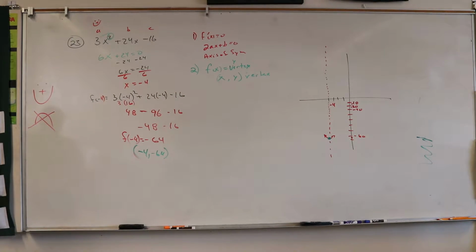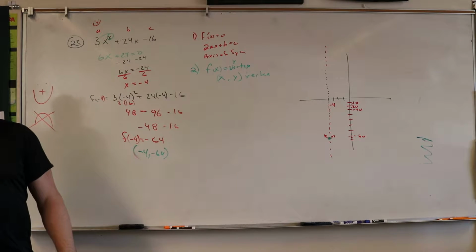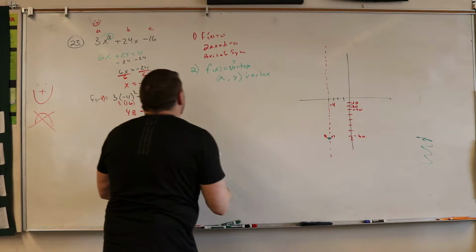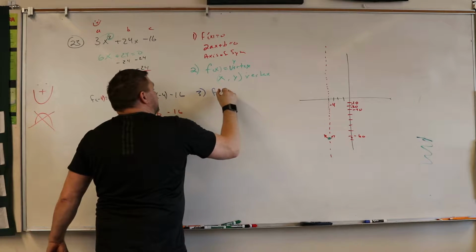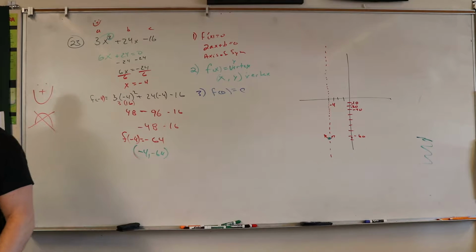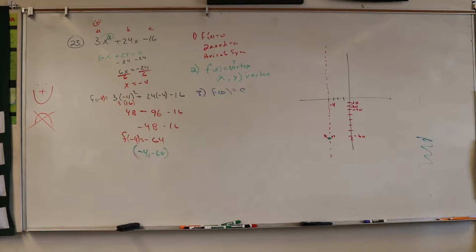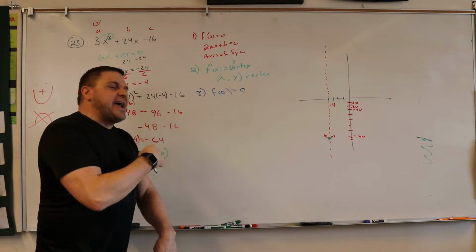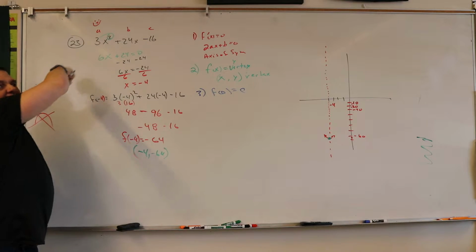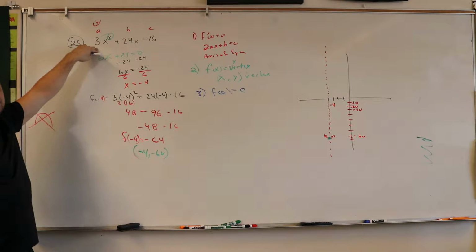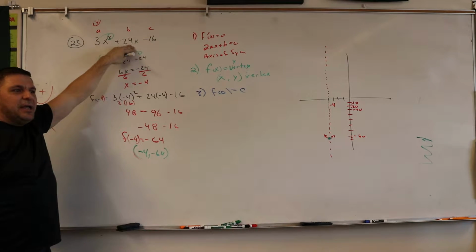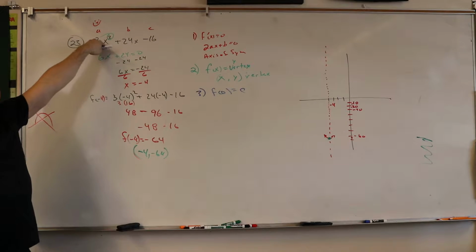Next, what's step 3? This is the easiest step, people. F of 0 equals C. What happens there is we're plugging in a 0 for x. 0 squared is 0, 0 times 3 is 0, and 0 times 24 is 0. 0 plus 0 is still 0.